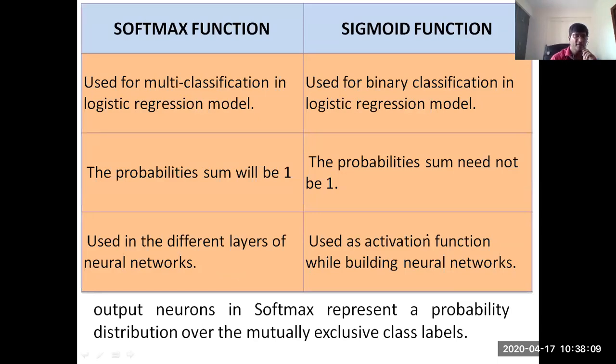A third difference is that softmax can be used in different layers of the neural network, but mostly it is used at the output layer, whereas sigmoid is used as an activation function while building the neural network. The output neurons in softmax represent the probability distribution over mutually exclusive class levels, which you should remember.